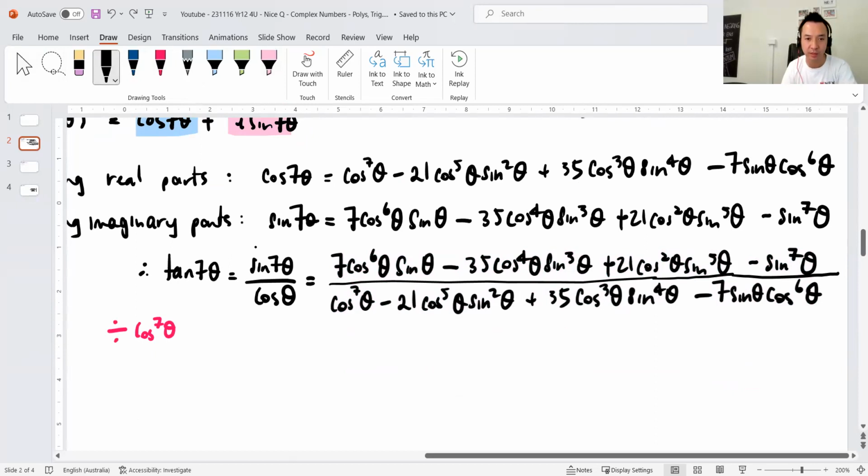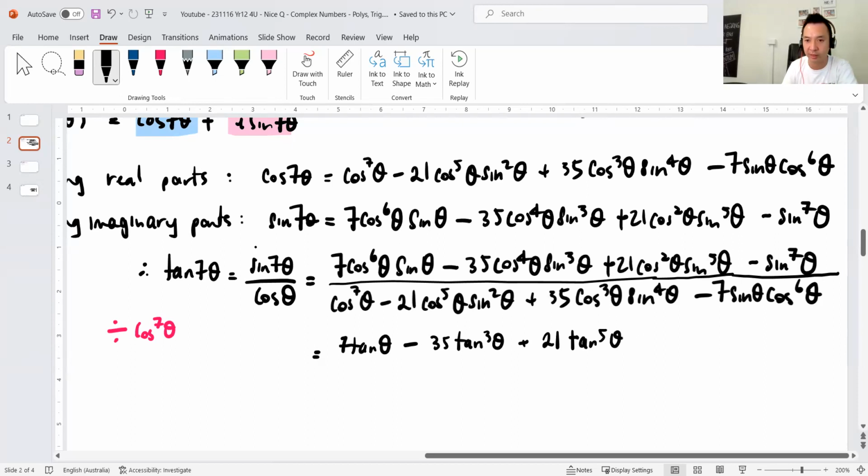So on the top, divide by cos 7, I get 7 tan theta. Is that right? Yeah, perfect. Because cos 6 divided by cos 7 is cos, and that leaves sine over cos, so that's 7 tan. Minus, divide that by cos 7, you get cos 3 on the bottom, so 35 tan cubed, plus 21. Cos squared comes out to cos 5 on the bottom, so that becomes tan 5.